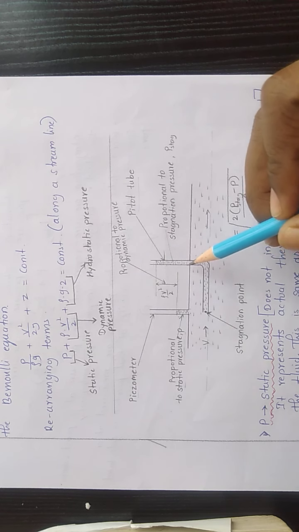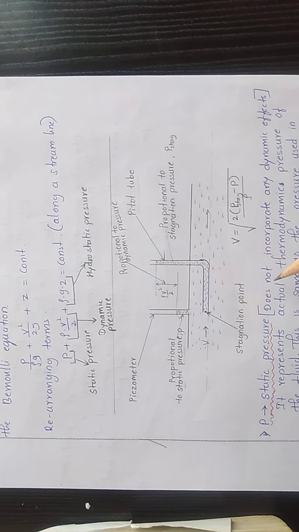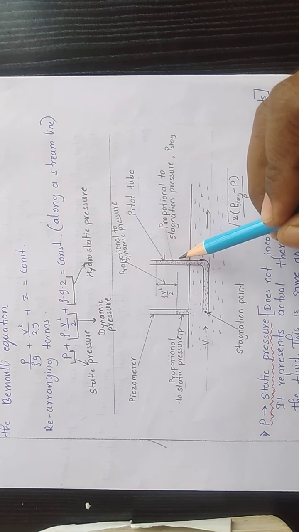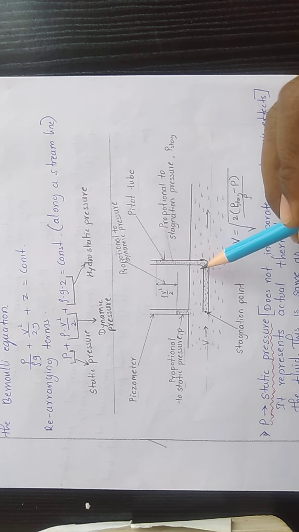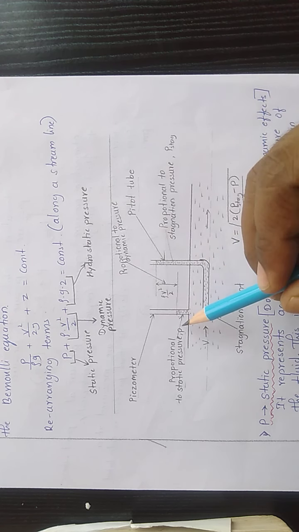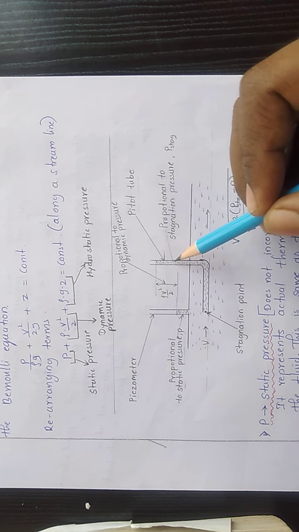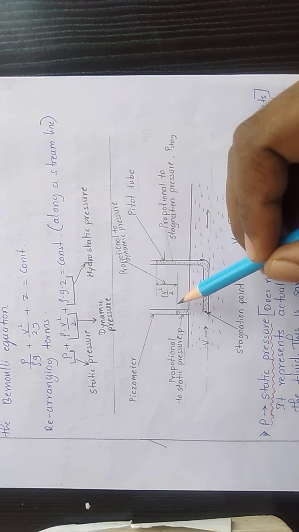If you look at the pitot tube here, the level should have been the same, right, since we have inserted both in the same pipe where the same fluid is flowing. But the rise of fluid level in the tube is greater than this.